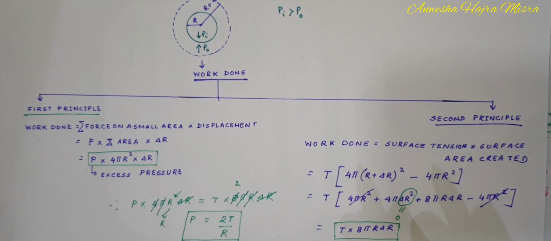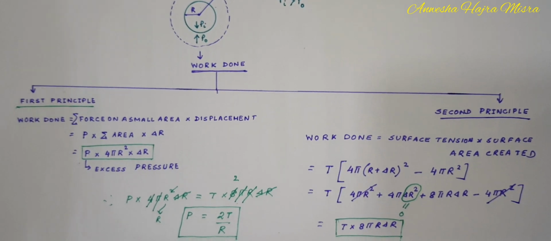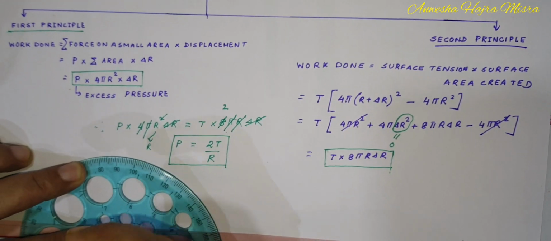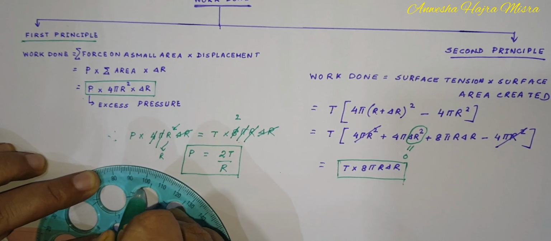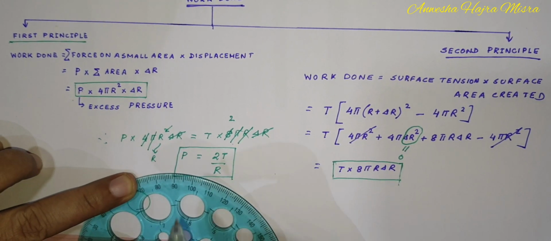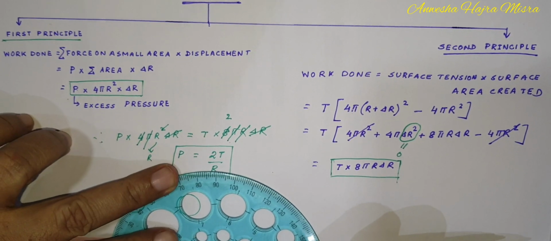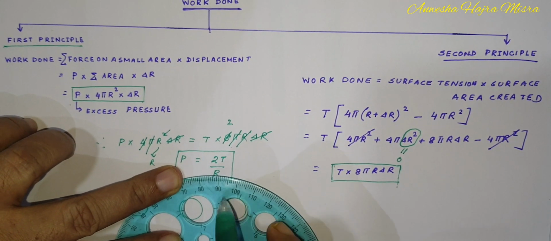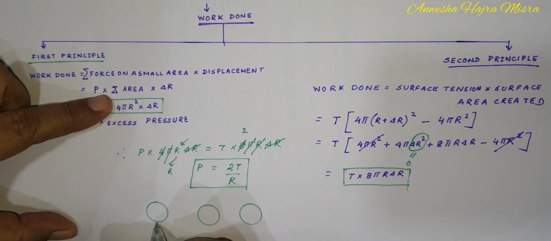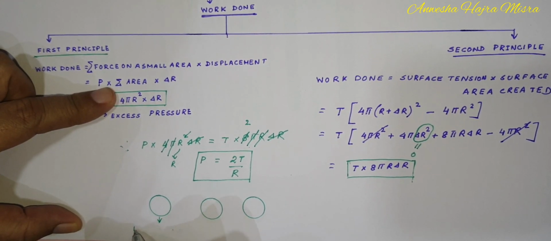Now we might have three different cases of drops. Say it might be a liquid drop.